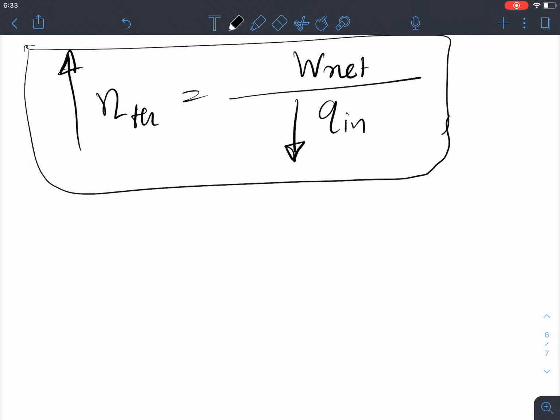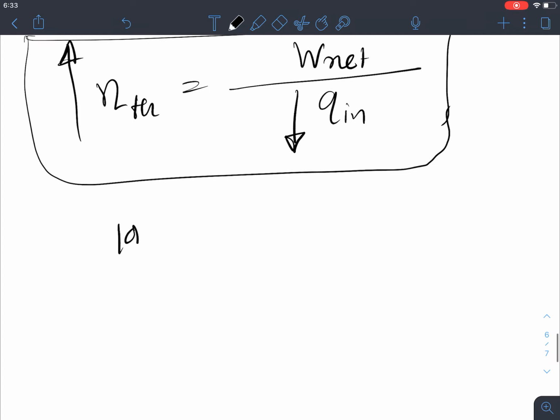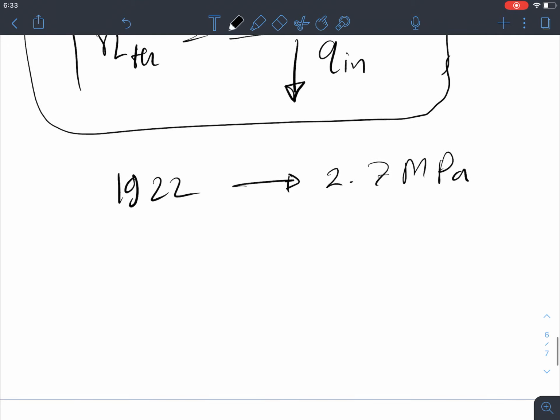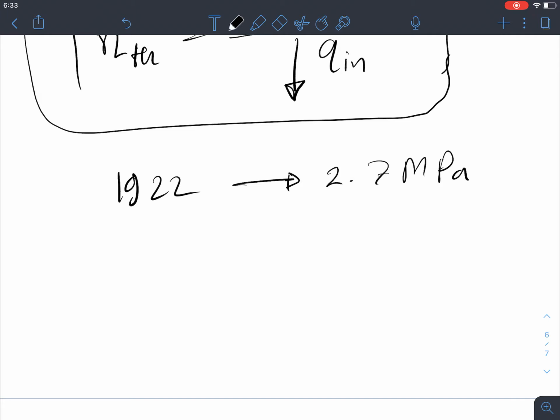Just to show you how this cycle is evolving, in 1922 the designed boiler pressure capacity was 2.7 megapascal, right? However, today the latest state of the art boiler can handle up to 30 megapascal.